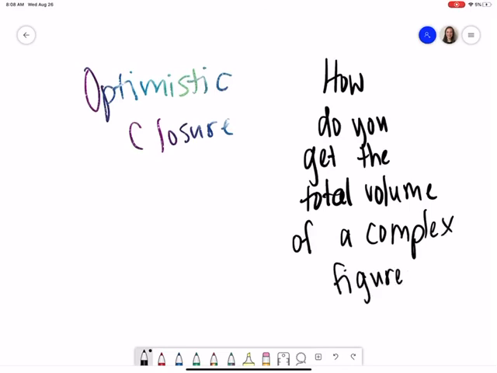Okay? And a complex figure means it's not just our regular rectangular prism. Okay? So how do you get that volume?